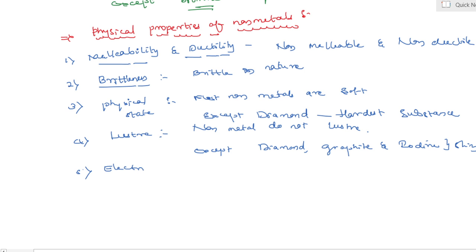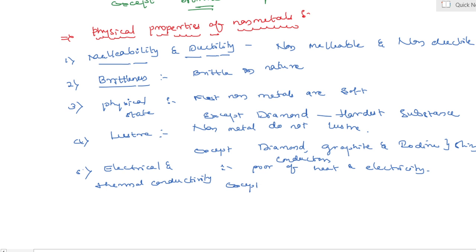And fifth one, electrical and thermal conductivity. It means electrical and heat conductivity. Non-metals are generally poor conductors of heat and electricity, except graphite.